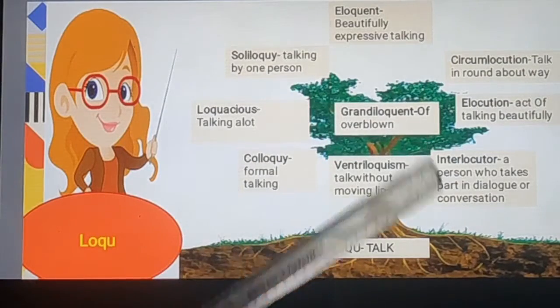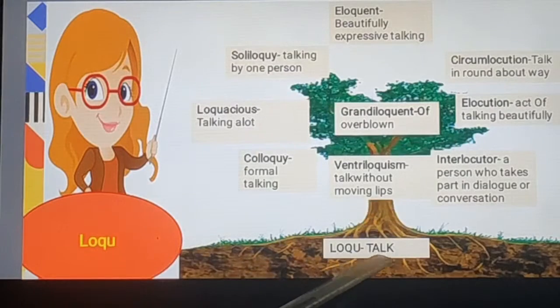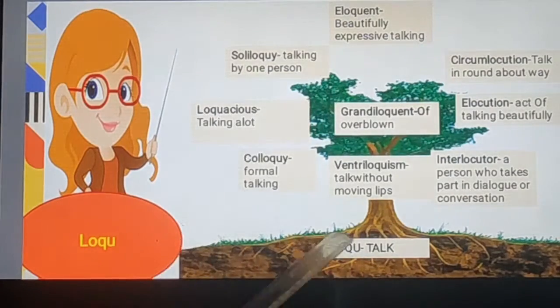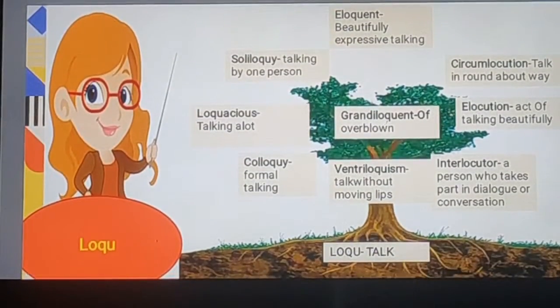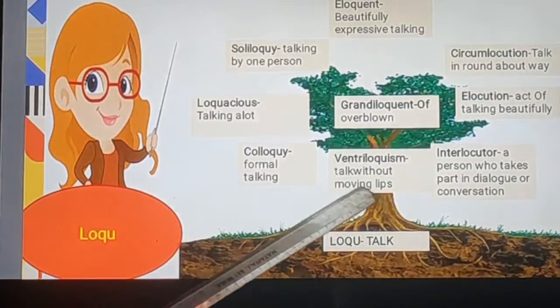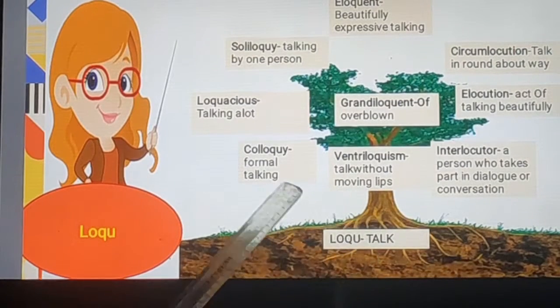Related vocabulary. What are those? Actually, these are all related to talk. That's why they are all given the meaning talk, but they have some differences. They are like synonyms with the same meaning, but with a difference. Look at this.